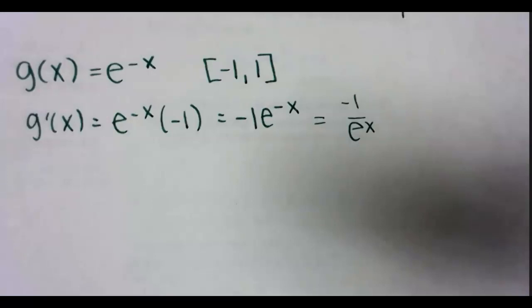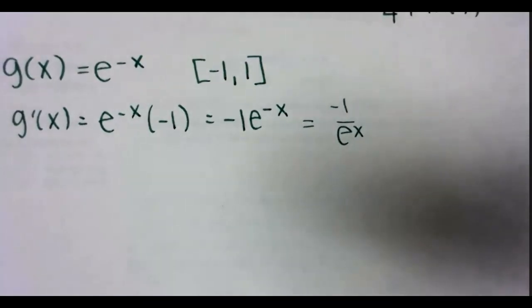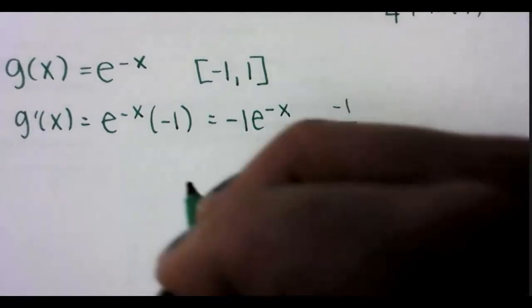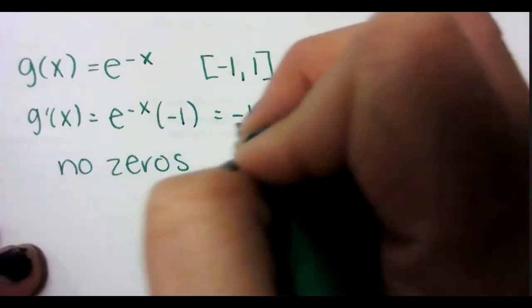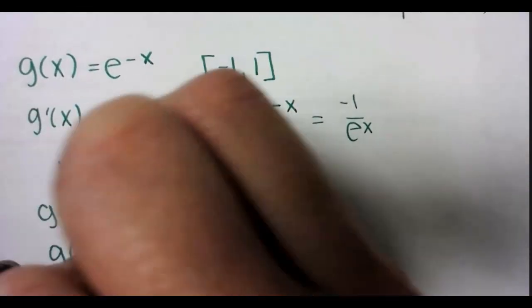So in number 12, this function would equal 0 nowhere, because -1 can't equal 0, and e to the x can't equal 0 within that domain. Therefore, e to the x has no zeros for the denominator or the numerator. So there are no zeros, which means that my absolute max or absolute min can only come from the endpoints.